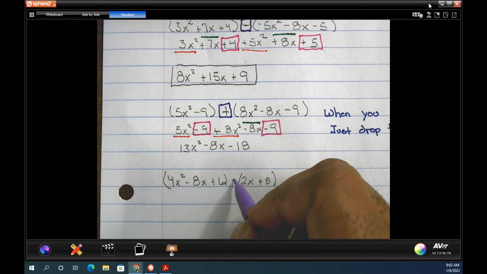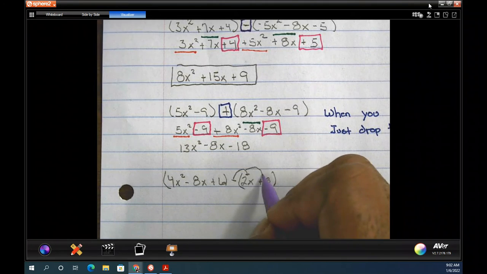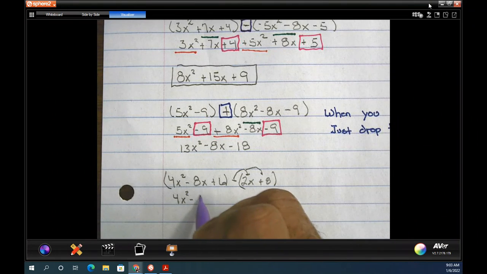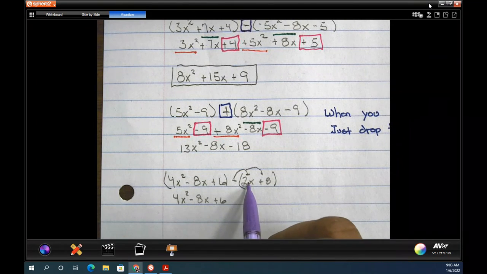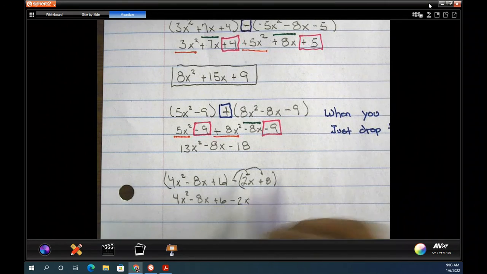You got to distribute. Okay, rewrite the left side. 4x squared minus 8x plus 6. Now, a negative times 2x makes that minus 2x. A negative times 8 makes that minus 8.